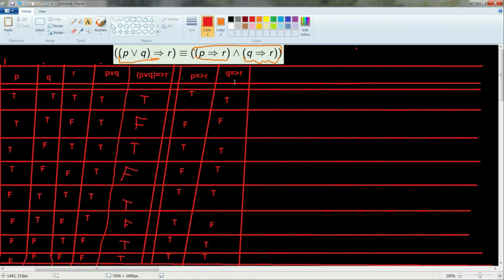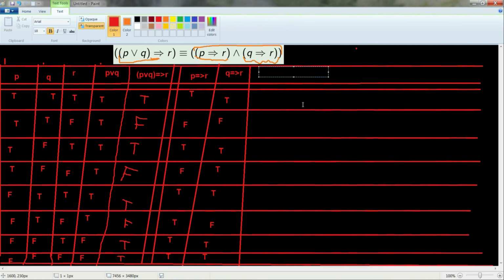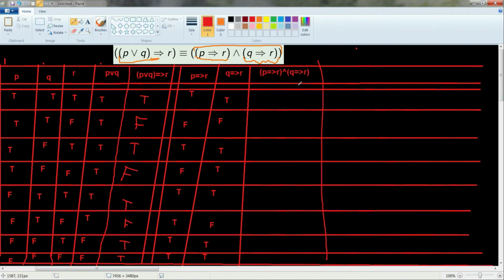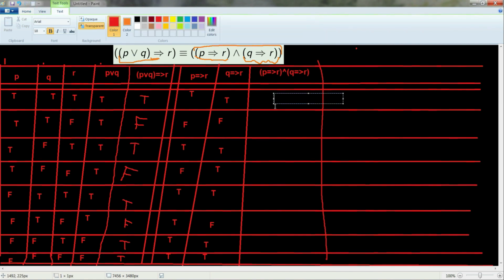Okay, so now I have everything to build the last step. So here I want to know when this is true and when this is true. So it'll precisely be true when both of these statements are true. So for the first column, I get true.